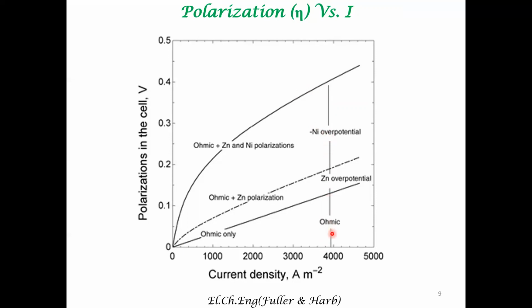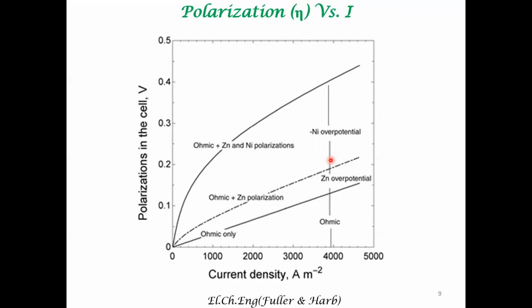So these overpotentials are losses from what you can potentially get from thermodynamics. Thermodynamics will tell you the maximum potential that you can get from a particular galvanic couple. So that is the maximum potential.